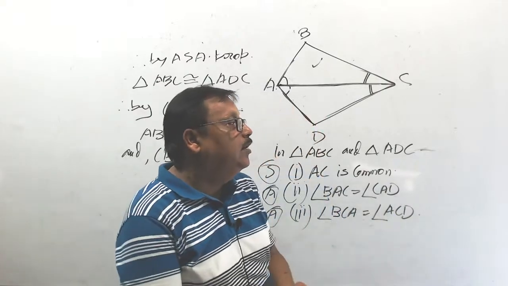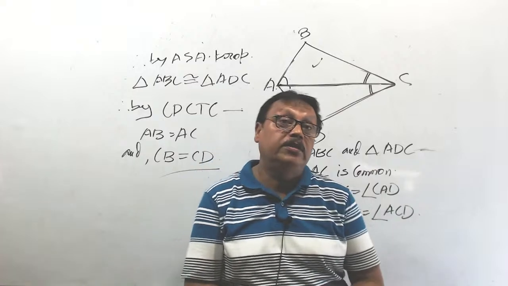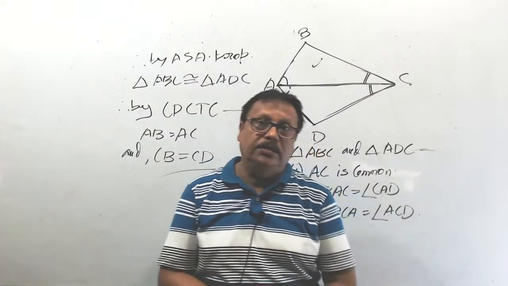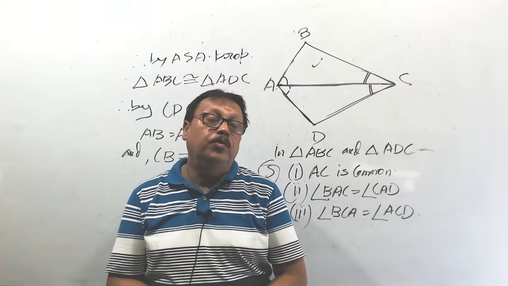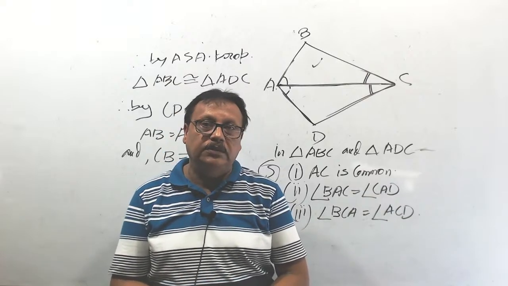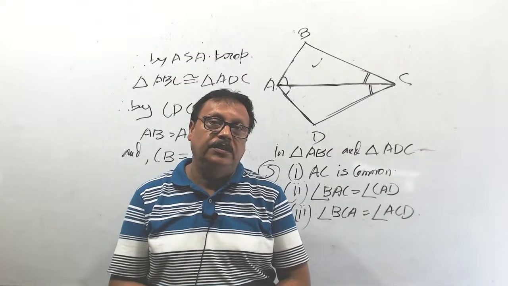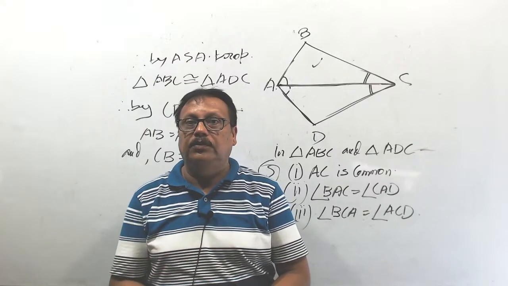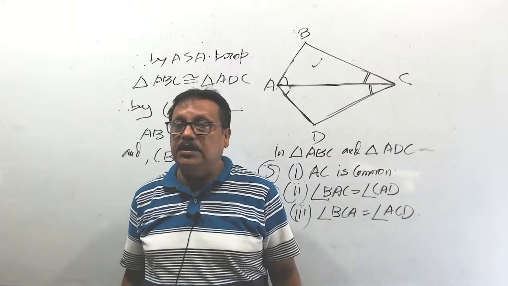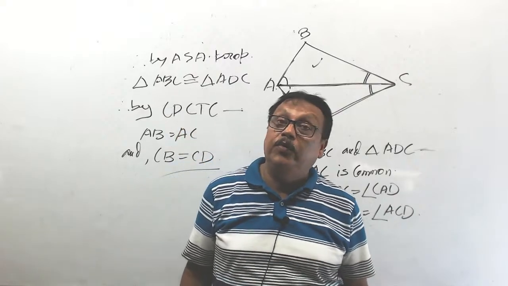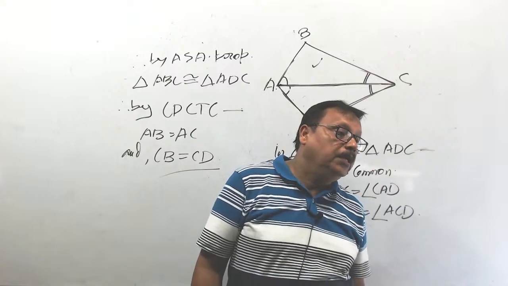You will try, of course. Otherwise, I will do. In the next session, I will continue some more important problems. Will come with problems in the session number 4. Of course, the congruency chapter, congruency exercise. Okay, some important problems. Of course, all problems will be important.